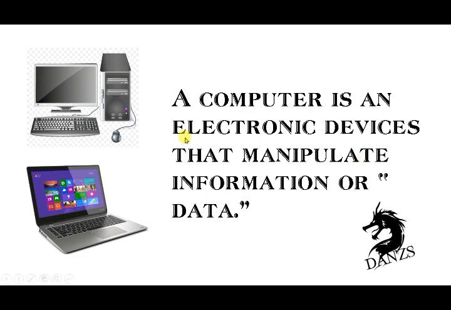What do you mean by manipulate? What does the computer do? The computer controls what? Information or data. Manipulate means we can say control, or we can say handle. Any one of these you can say. A computer controls information or data that we have fed from an input device.